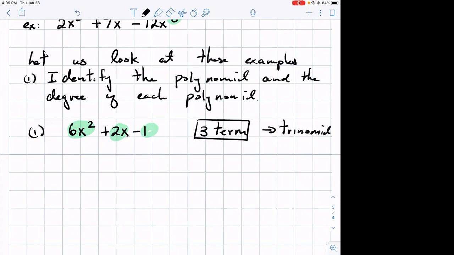So we have identified the polynomial. Now the degree of the polynomial. Well, the highest power here, because there is a power here of 1, and keep in mind the constant term has a power of 0, right? So the degree of this polynomial is 2, because it's the highest degree.